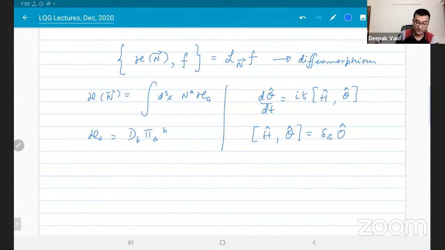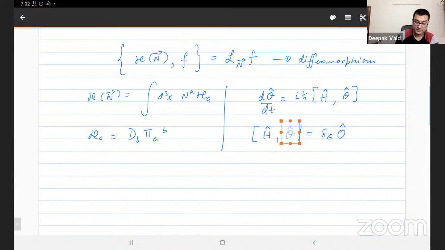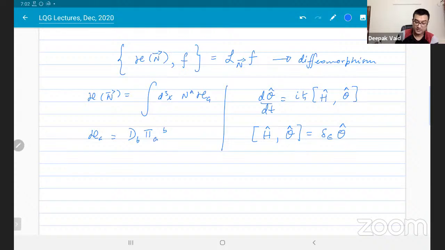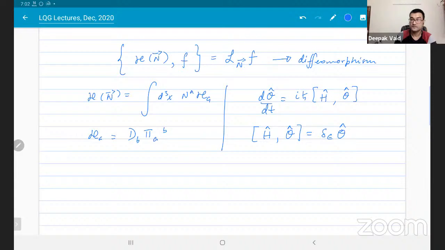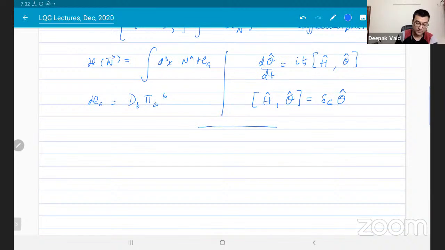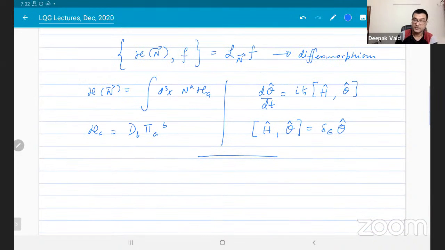If you take the commutator, you're measuring the change in this operator due to the effect of this h. One could of course reverse the argument also. So I hope that explains why the Lie derivative corresponds to a diffeomorphism.